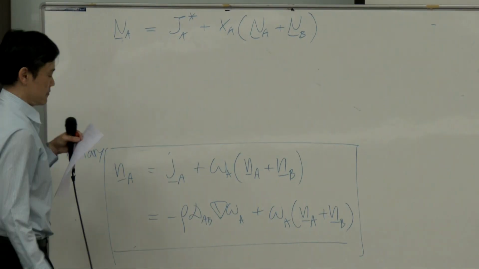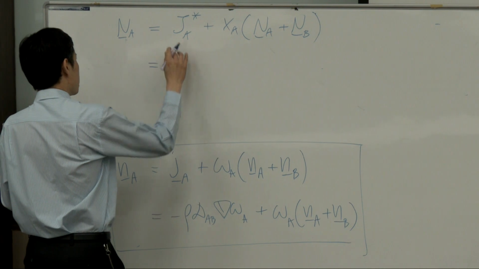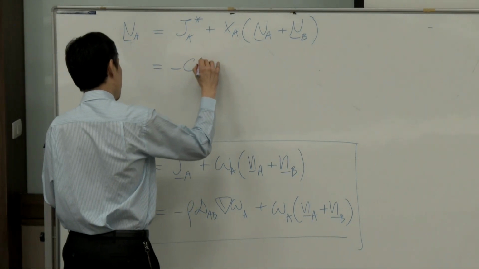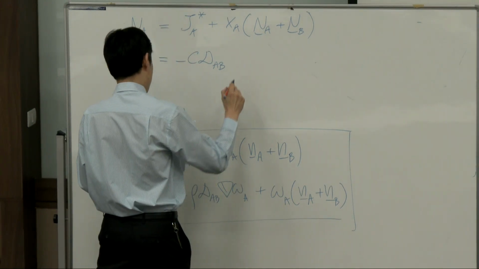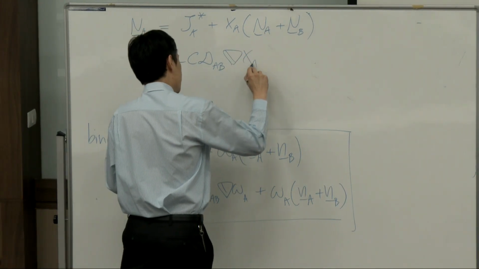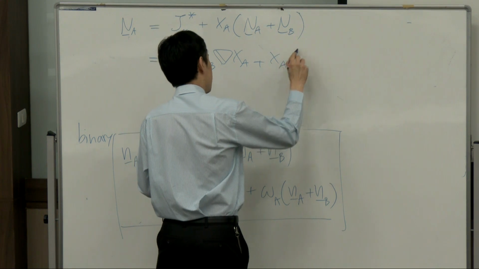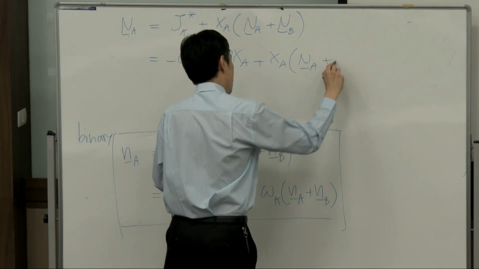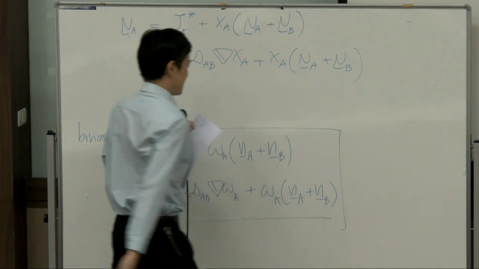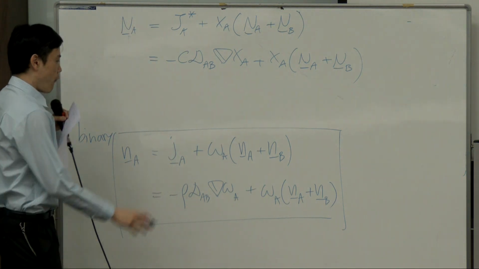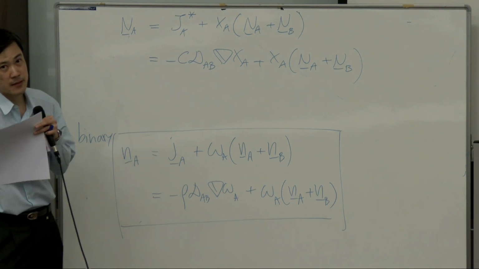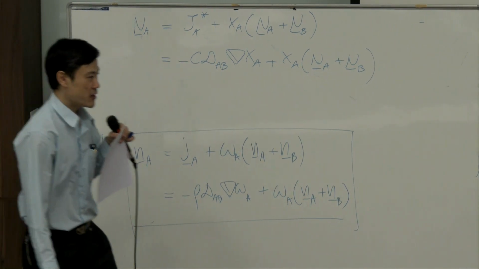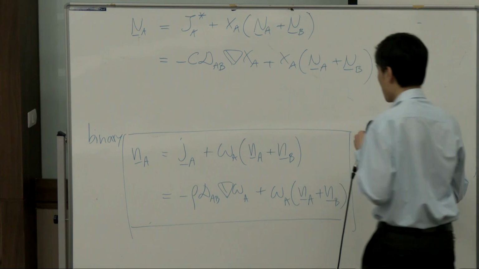Exactly the same form. And you can use Fick's law. This would be minus C DAB del XA plus XA times (NA plus NB). Exactly the same form, just changing from mass basis to molar basis. And depending on the situation, we can use either one.